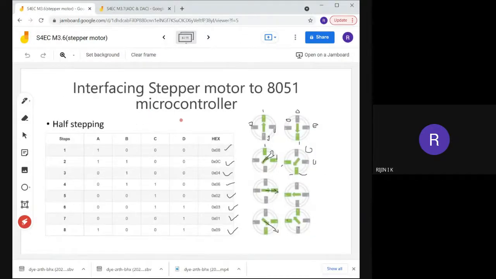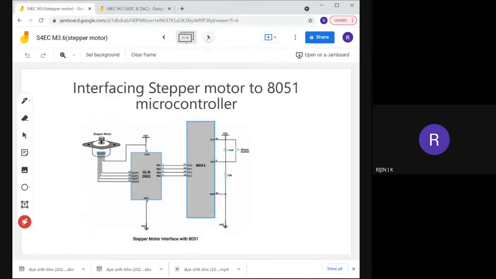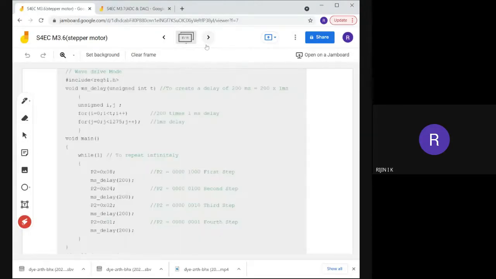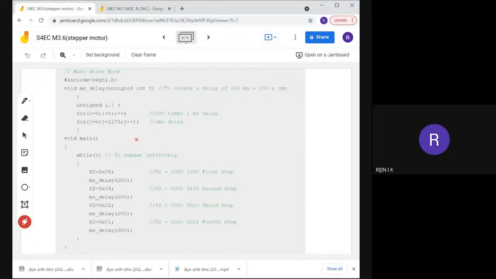So we can discuss the programming, how to write the embedded C programs. First we can discuss how to implement the wave drive mode using an embedded C program, and then half stepping and full drive mode.